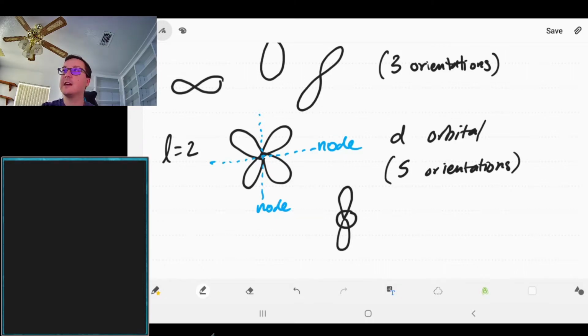In fact, it may be a little bit easier. D orbitals, I could show you pictures of them that are much better than things I can draw. If we switch over to Google real quick.